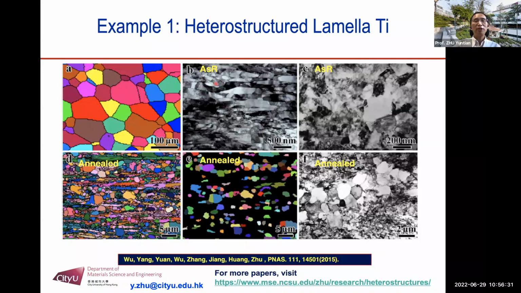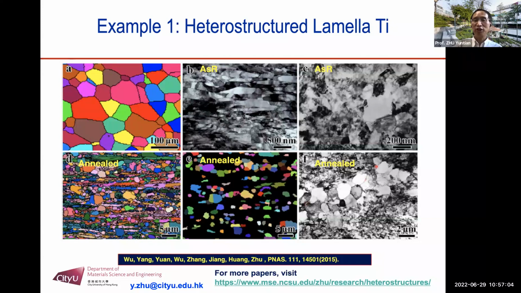Then using asymmetric rolling, we produced ultrafine grains, and then we did partial recrystallization. Actually, this work was done by Professor Xiaolei Wu, and like 25% by volume of the sample got recrystallized to form these larger grains.